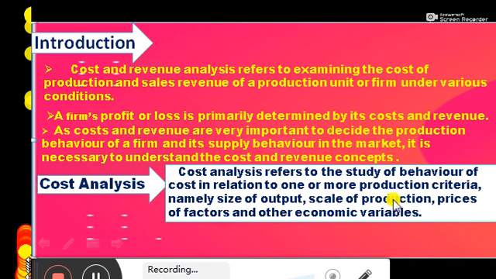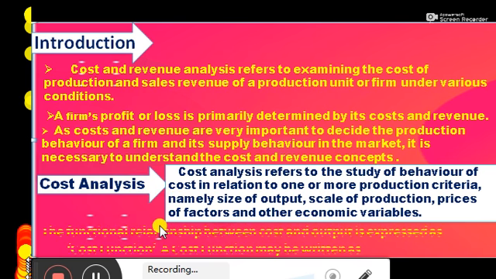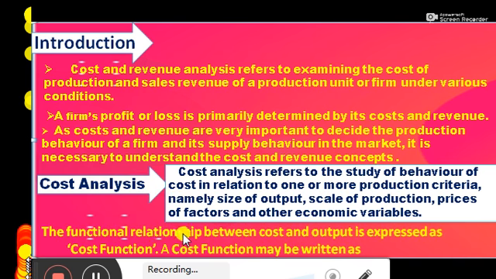So everything we discuss under the cost analysis. Okay. The functional relationship between cost and output is expressed as the cost function. That is, a cost function may be written as cost is equal to a function of quantity.